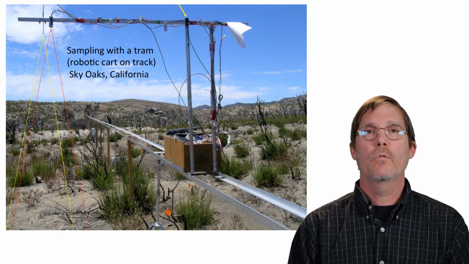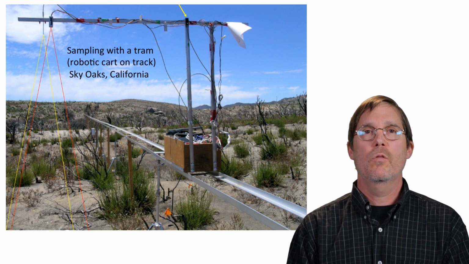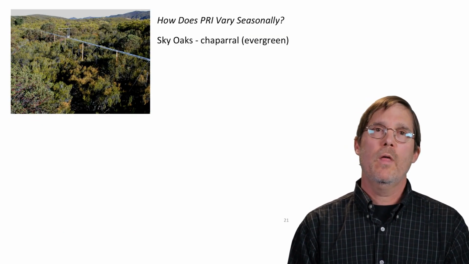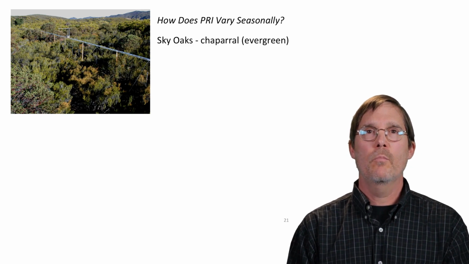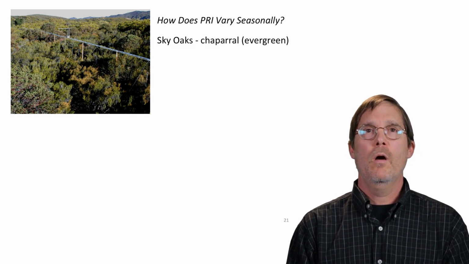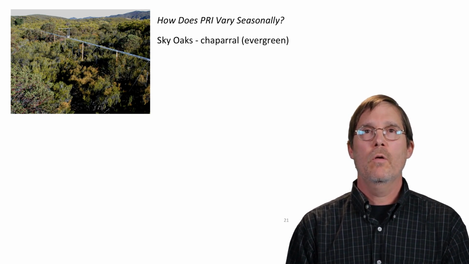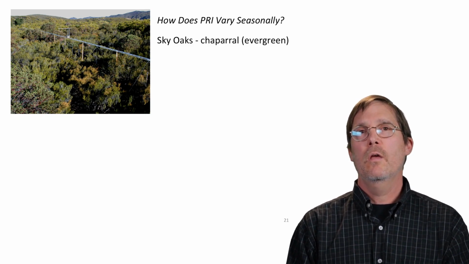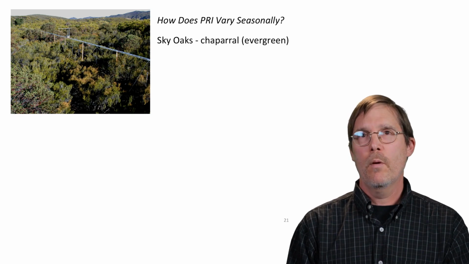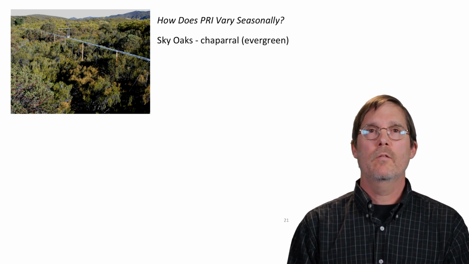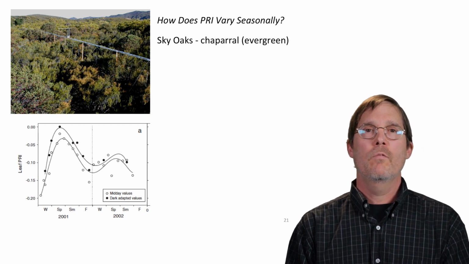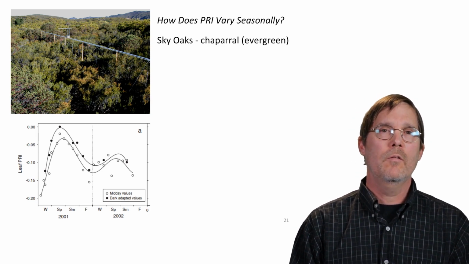Also, we have other instruments here, like in this case, a thermometer measuring surface temperature. And here's a picture of the same landscape before a fire came in and burned it, and you can see the TRAM operating in the background. And we asked the question, how does PRI vary seasonally in such a landscape? And this, remember, is an evergreen chaparral landscape. And the results are shown here in this figure by my colleague Dan Sims.